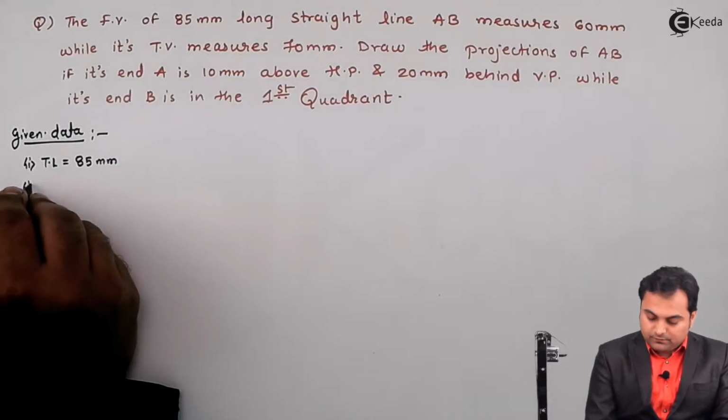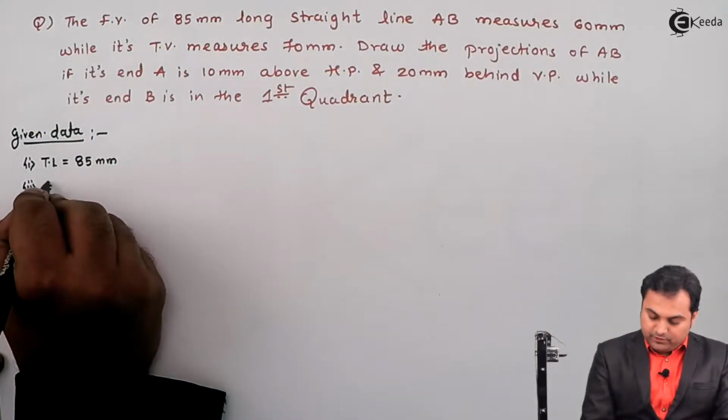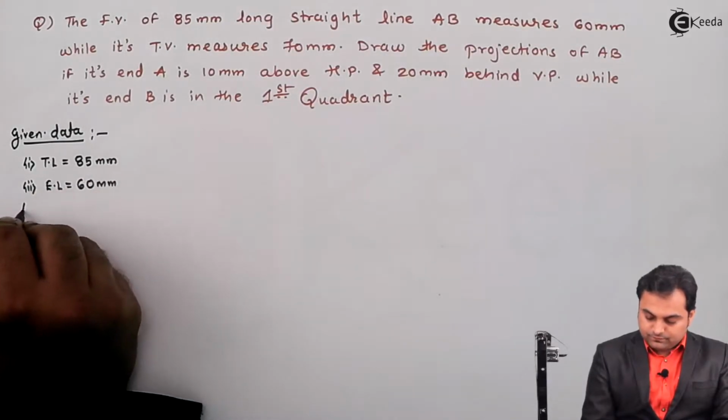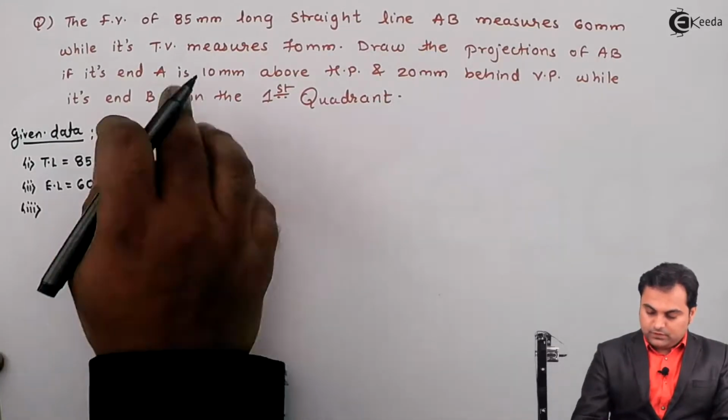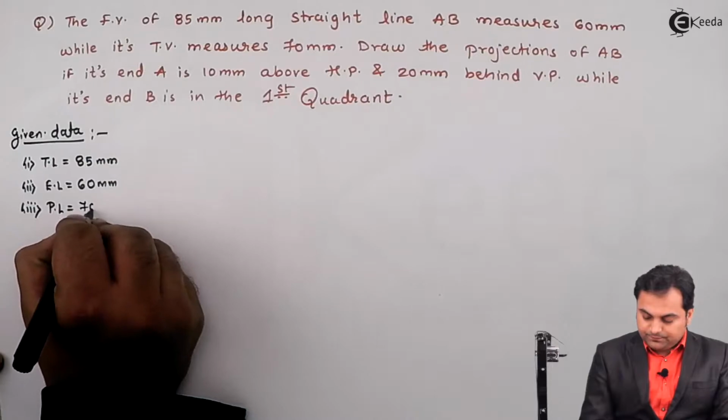Then the front view is 60 mm, so that will be called as elevation length. Top view measures 70 mm, so that will be called as plan length.